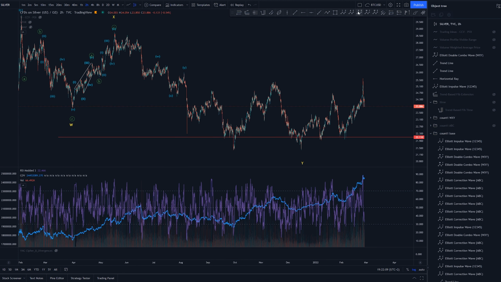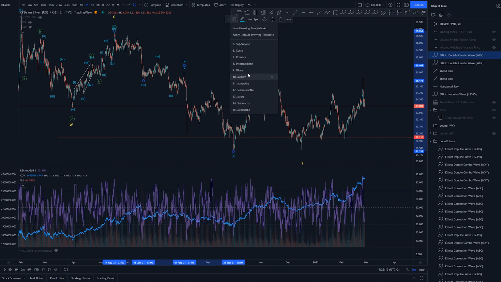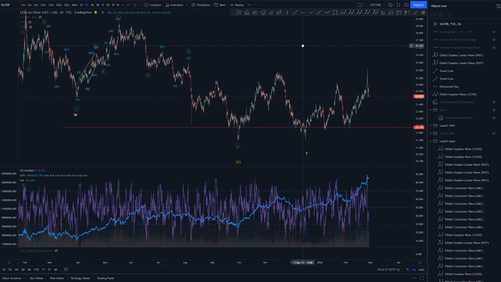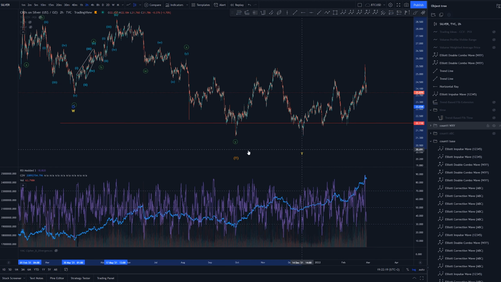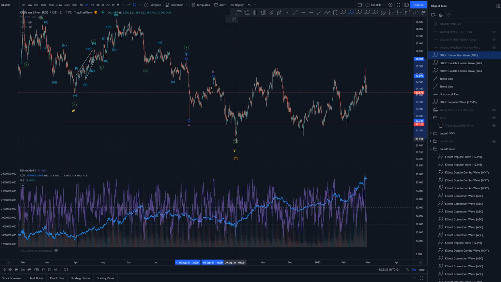So again, we would have to do this, and that would be the Y, and here we would have a zigzag of minuet scale. That actually looks pretty good to me.